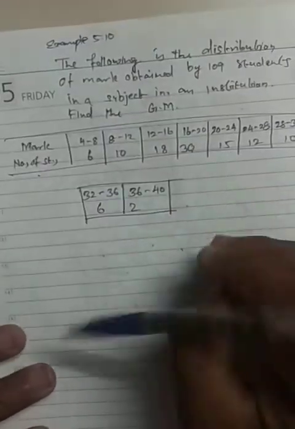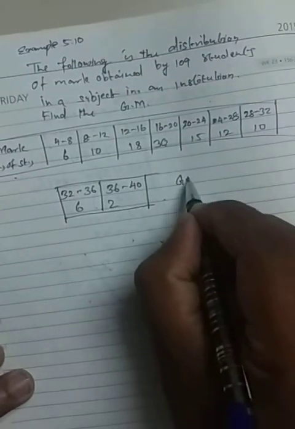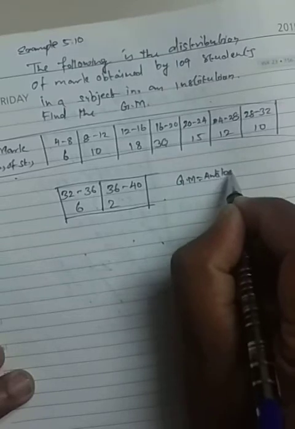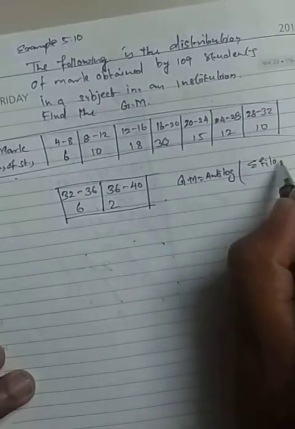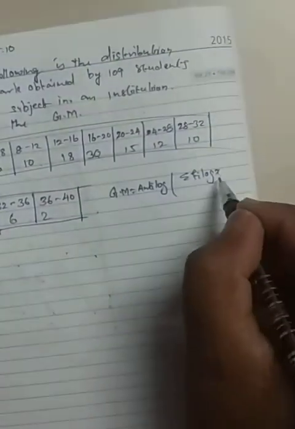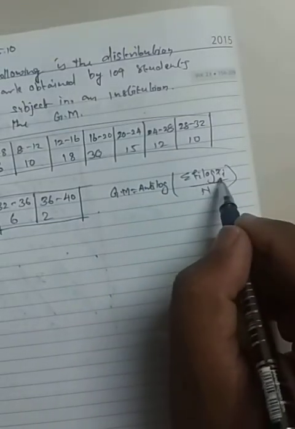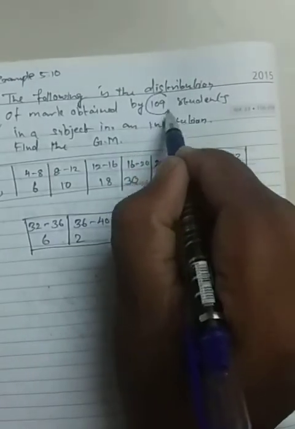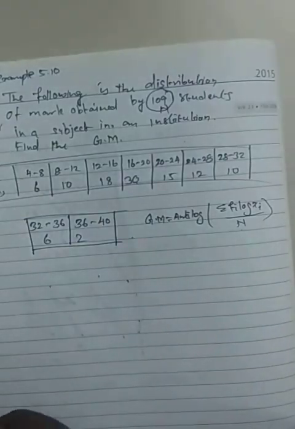So the geometrical mean will be the anti-log of sigma fi log xi by n. So we need fi log xi and n. Luckily they have given the n value: if you add all these numbers, you get n as 109, no problem.